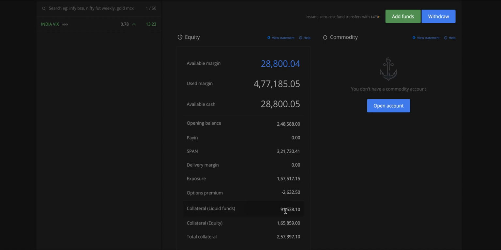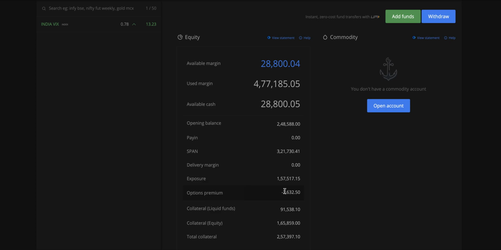This is a liquid mutual fund, which is around 1 lakh rupees, and after the haircut, it's around 90,000 rupees margin that I get. There's some collateral equity as well, because I have some shares and I have pledged them so that I can get some margin here. As well as there is some cash component within the account itself. So it's a mix of all of this.